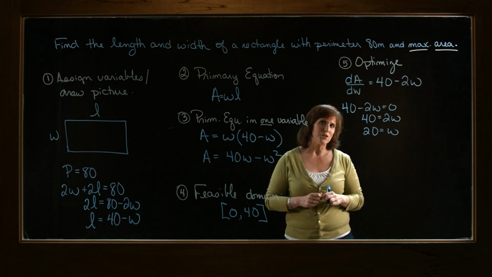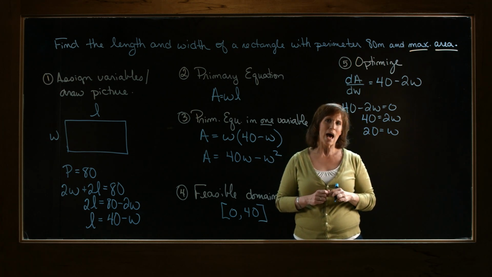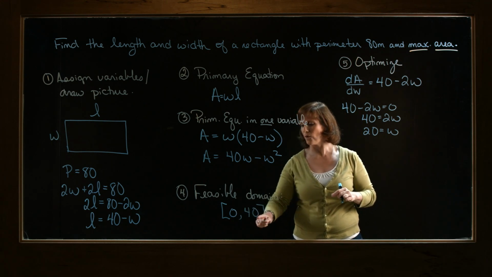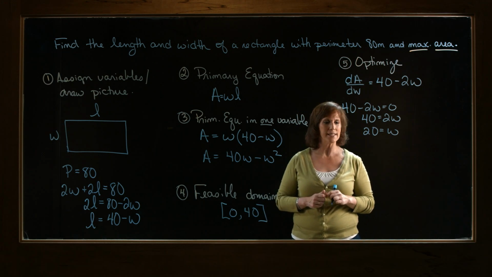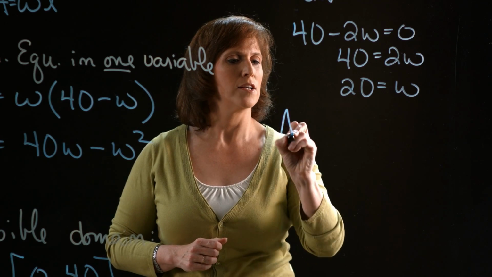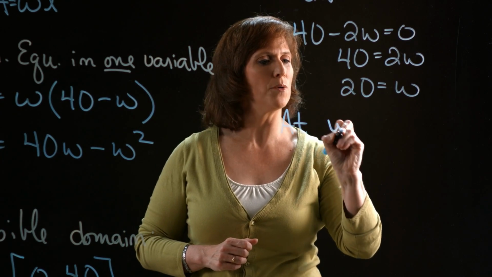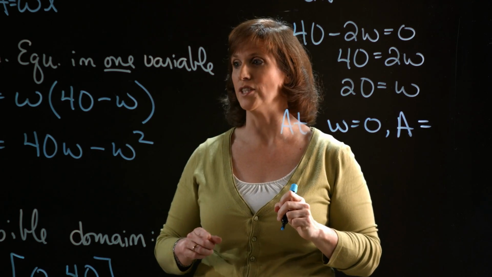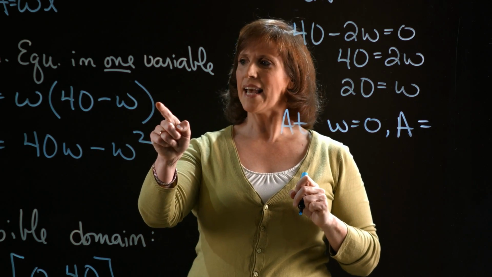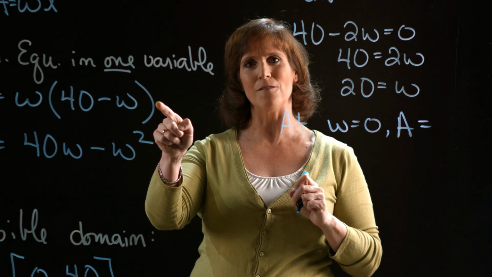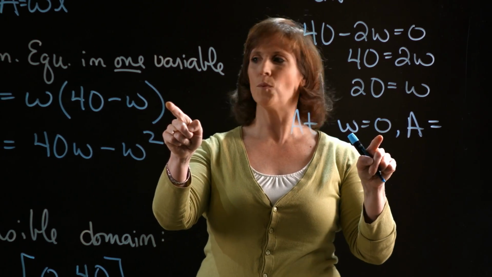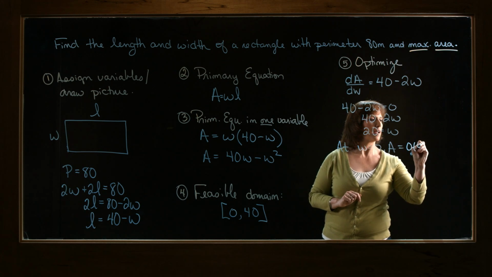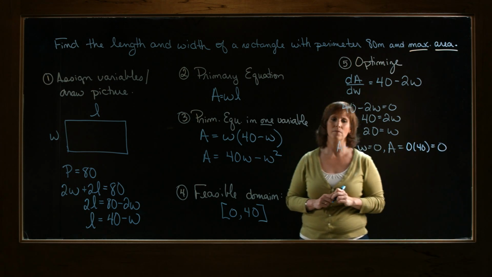The last thing we have to do is check what's happening to the actual area when W is 20 and also when it's 0 and 40. So let's take a look. At W equals 0, let's look at our area equation. In this case, it's probably easier to use the factored form, because when W is 0, we're going to have 0 times 40, which is 0.